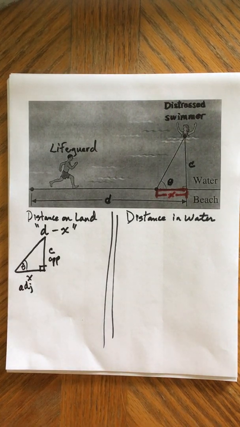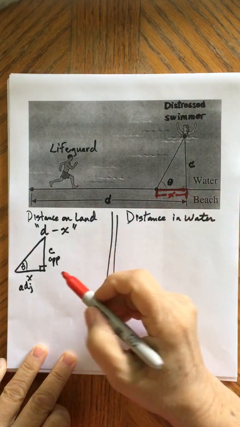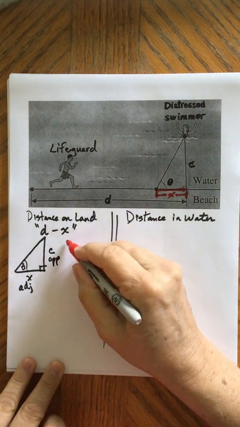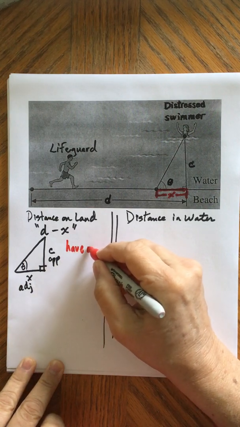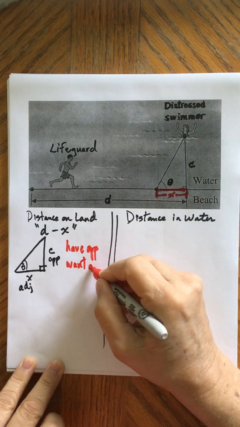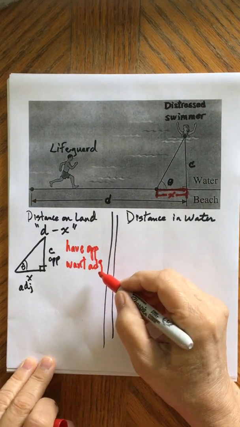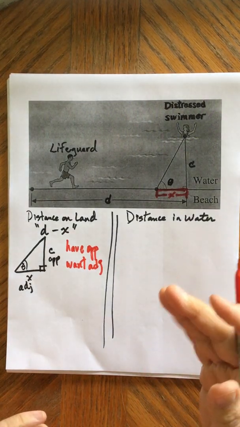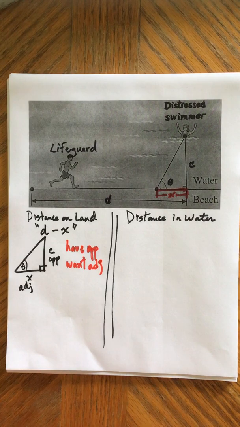So what do we have here? I was given C in a sense, so I have the opposite side and I want the adjacent side. So which trig ratio should I use with opposite and adjacent? You could use tangent or cotangent, but I would go with tangent because it's on your calculator, it's a lot easier.